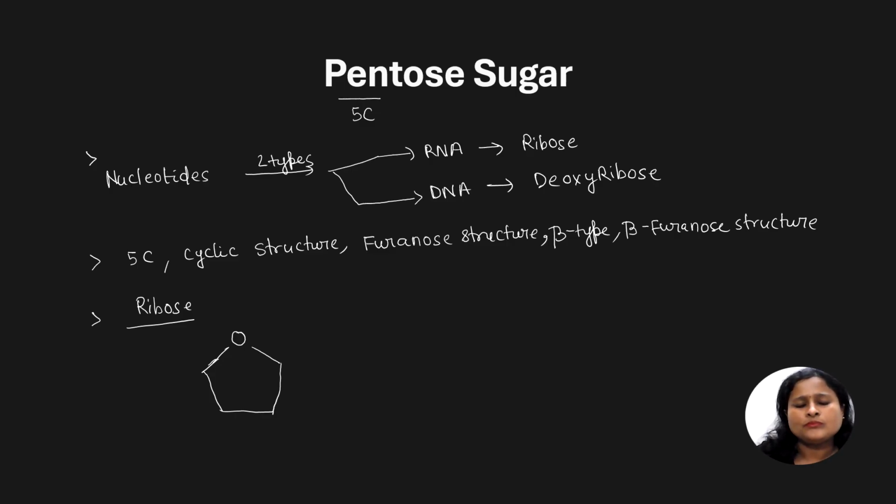Now, there are only 4 carbons in the ring. The 5th carbon will always be present outside the ring structure. This point you have to remember: 4 carbon atoms are present in the ring structure and the 5th one is always outside the ring structure.